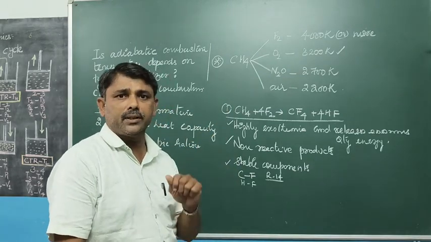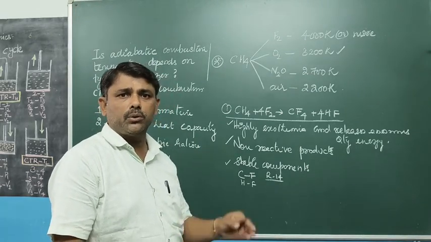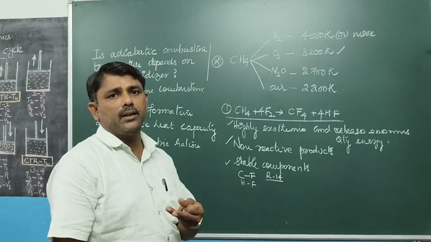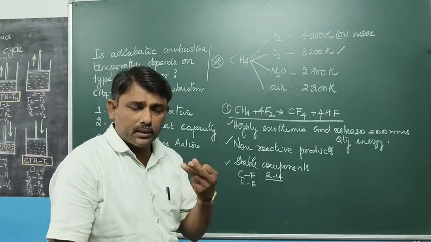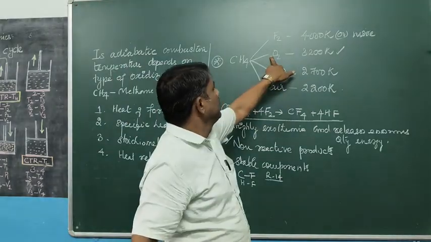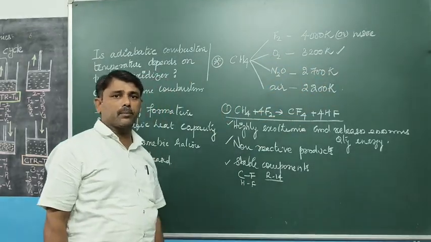If there is any deficit of oxygen, it produces carbon monoxide. So in such a situation, you have to use excess oxygen for complete combustion. It directly influences the cost. Clear? So using oxygen as an oxidizer produces 3200 degree Kelvin as the adiabatic combustion temperature.